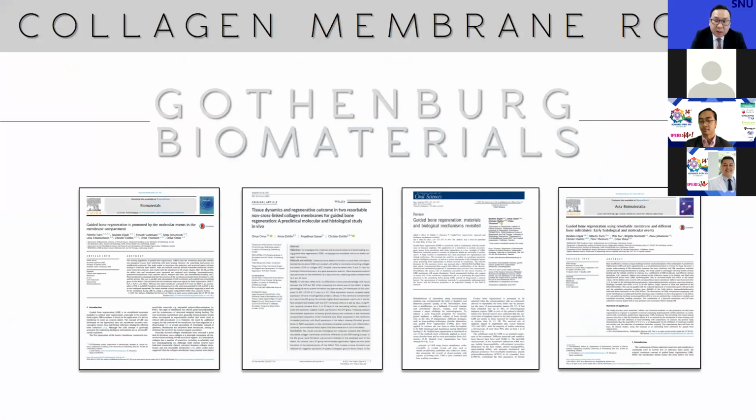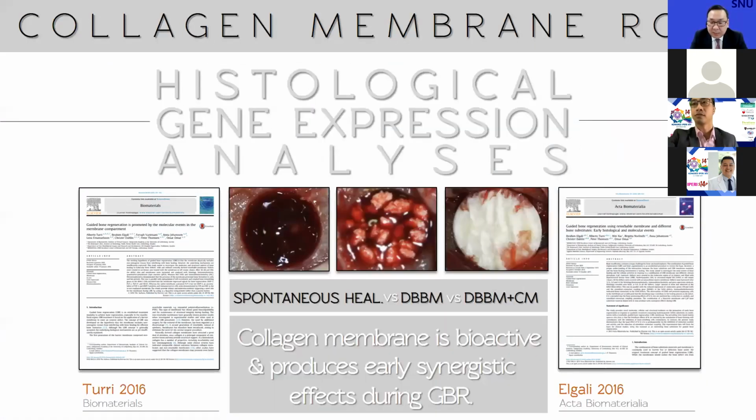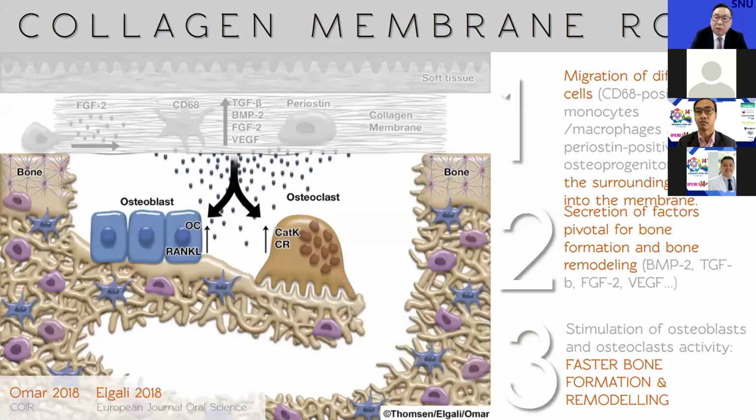And here are some studies from Dr. Thompson's group in Gothenburg. I think these are very critical papers that show the efficiency of this type of collagen membrane. And this paper by Dr. Turri and Dr. Elgali, and also Dr. Omar, proves that the collagen membrane is not just passive.